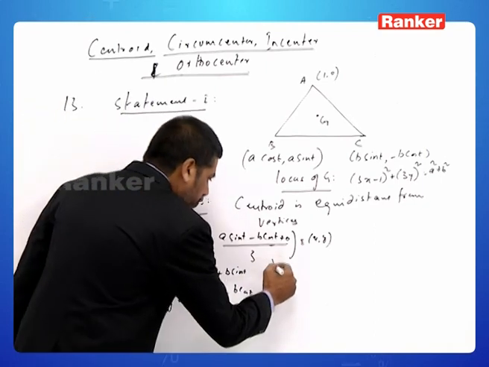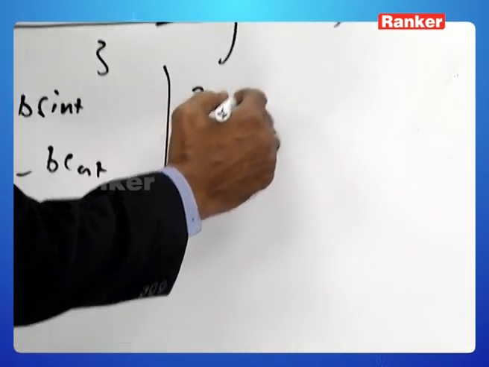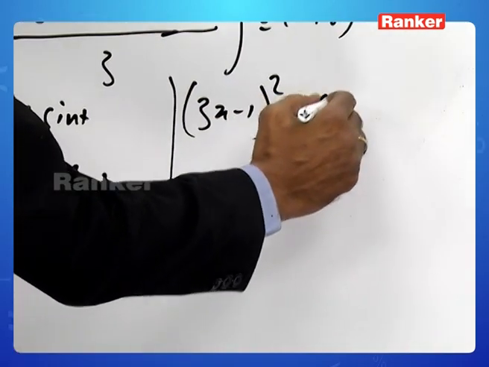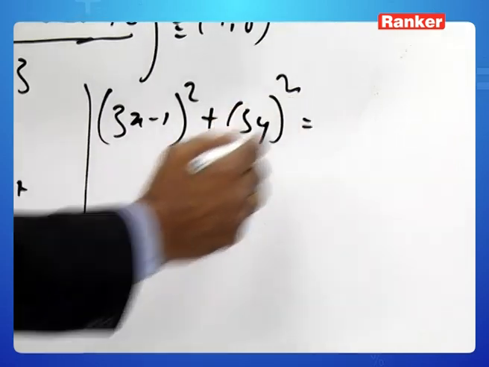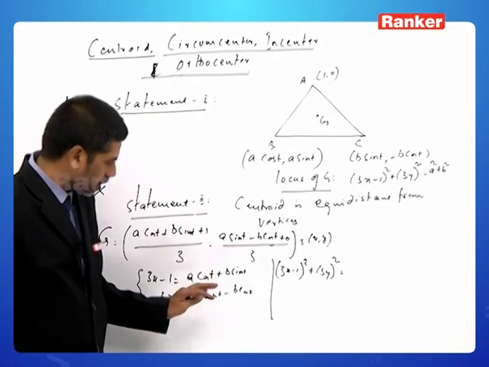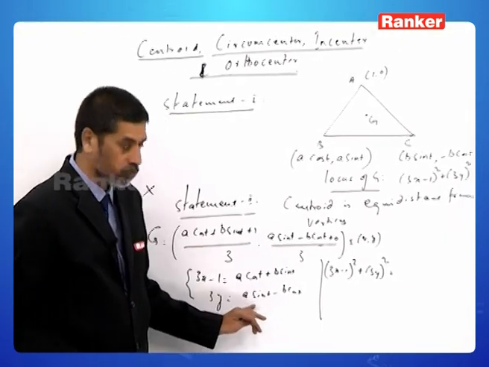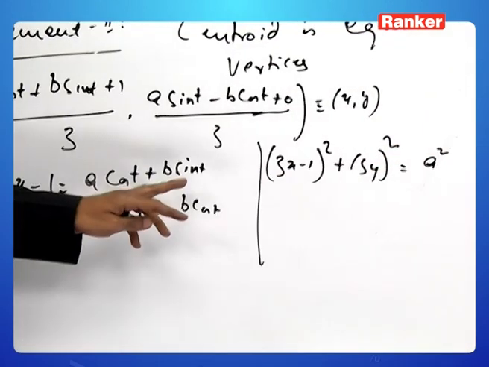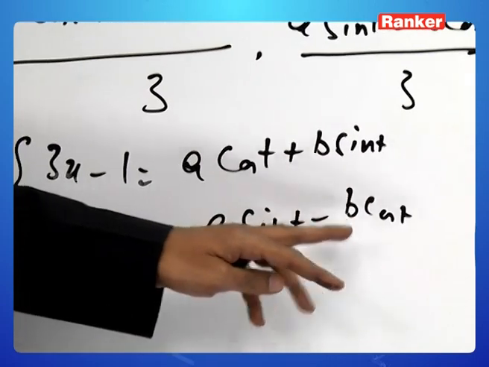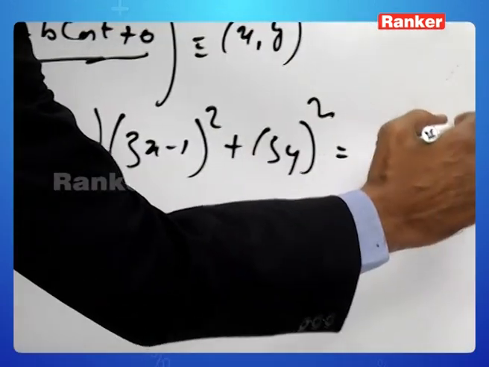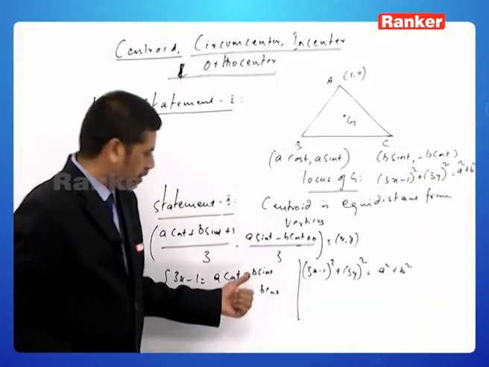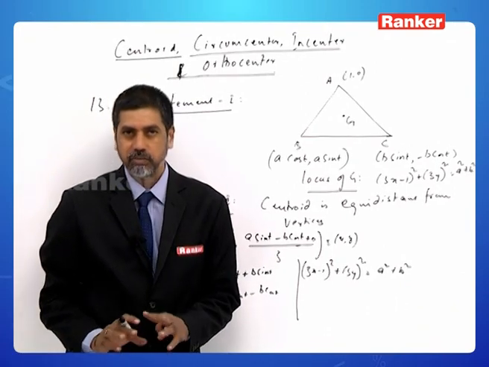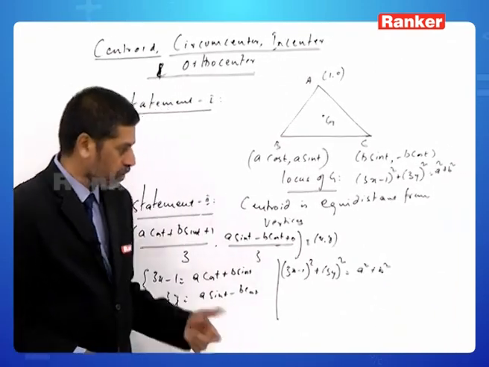So (3x - 1)² + (3y)² is equal to, now let us see the square terms. a² cos² t + a² sin² t is a², b² sin² t + b² cos² t is b², and as I told you, the cross product terms, +2ab and -2ab cos t sin t, will get cancelled.